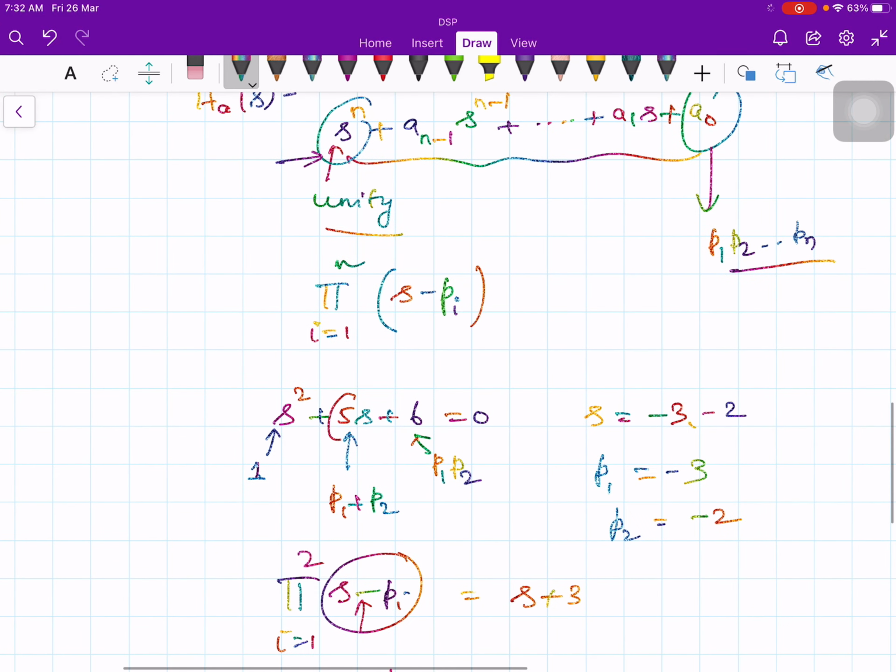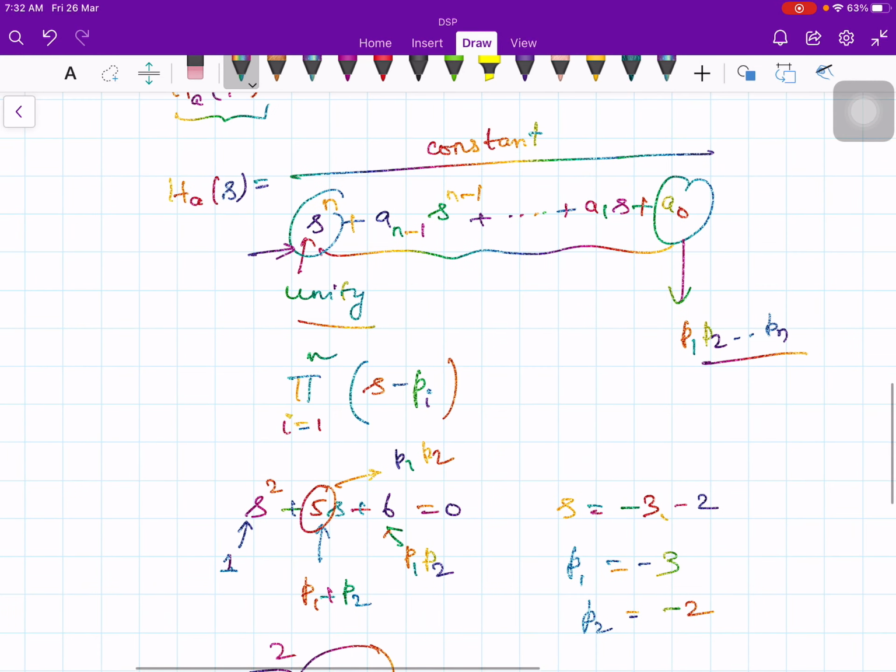See, this 5 is the sum of two factors, right? p_1 plus p_2. Similarly, a_{n-1} is the sum of p_1 plus p_2 plus p_3 and so on up to p_n.